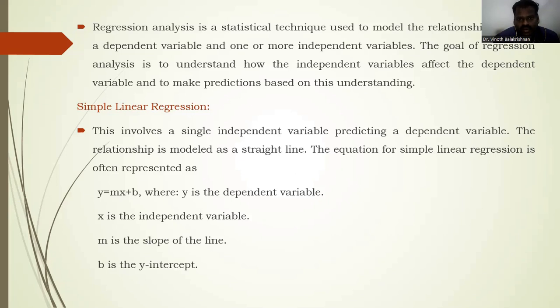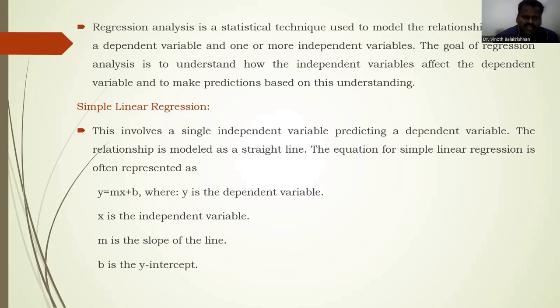At that time, we can go with a nonlinear model also. This is a very important objective of regression analysis: you have to understand how the independent variable affects the dependent variable, and also how to make predictions based on this understanding of the dependent and independent variables.